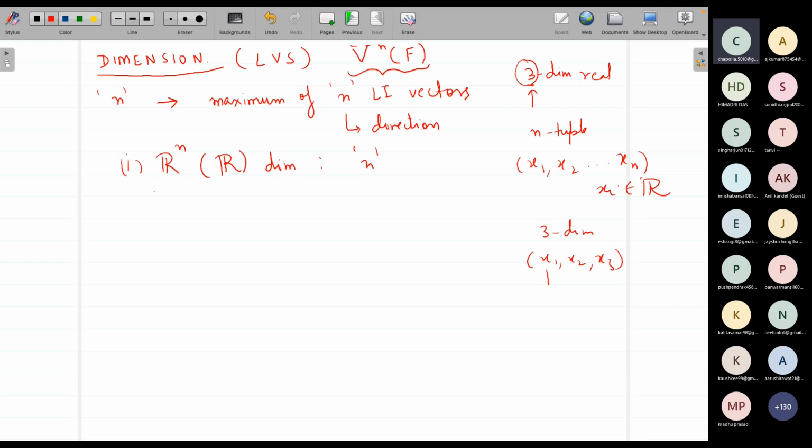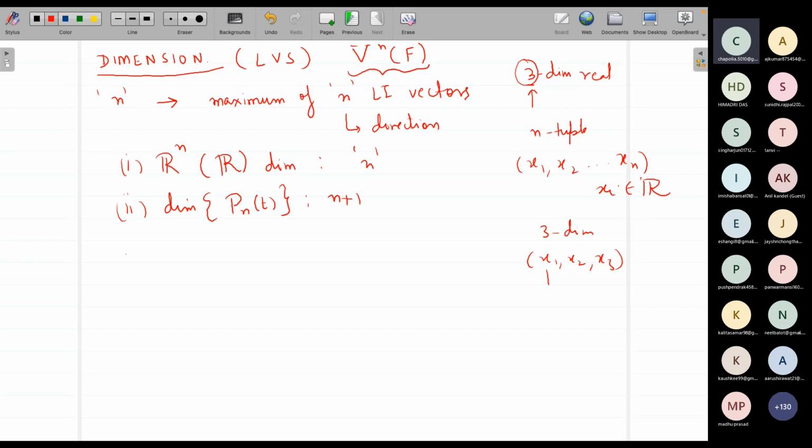Let me see if we can understand it. If I ask the dimension of the collection of polynomials with degree less than or equal to n, it is n plus 1. And why would you say n plus 1?